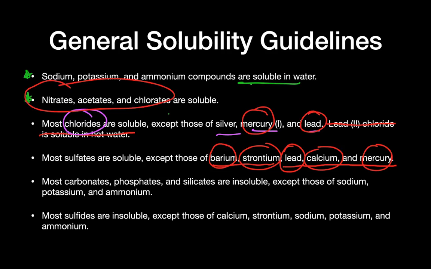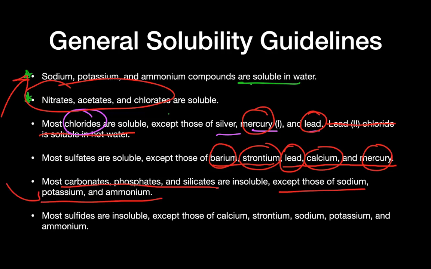Carbonates, phosphates, silicates, insoluble. And I know that it says except those of sodium, potassium, and ammonium, but you don't even have to remember that because that would be when rule number 1 would apply. So all you have to do is remember carbonates, phosphates, silicates, insoluble. But if you've got sodium, potassium, ammonium, it's soluble.